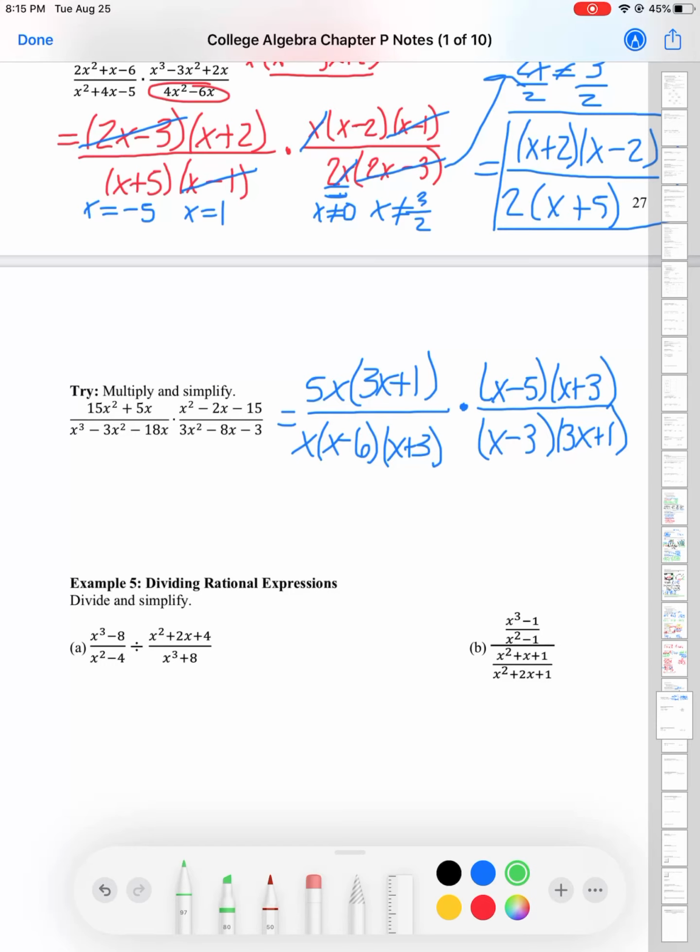So before you go crazy and start crossing things off, remember to list your excluded values. So x cannot be 0, x cannot be 6, x cannot be negative 3, x cannot be 3, and x cannot be negative 1/3.